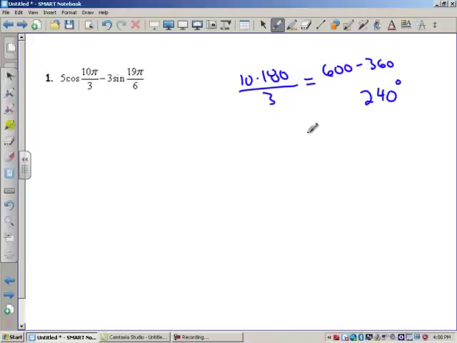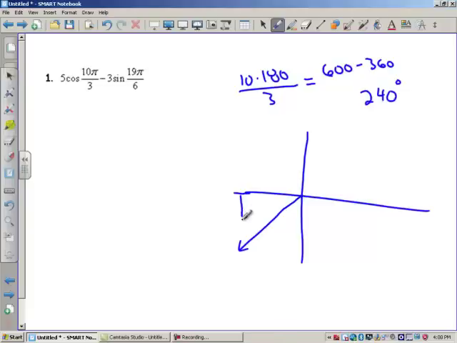So I need to draw 240 degrees, which is down here in quadrant 3. Alright, and I'm going to drop my altitude and figure out my reference angle. 240 degrees is 90, 180, here's 270. I have rotated around 240. How far past 180 degrees have I gone?